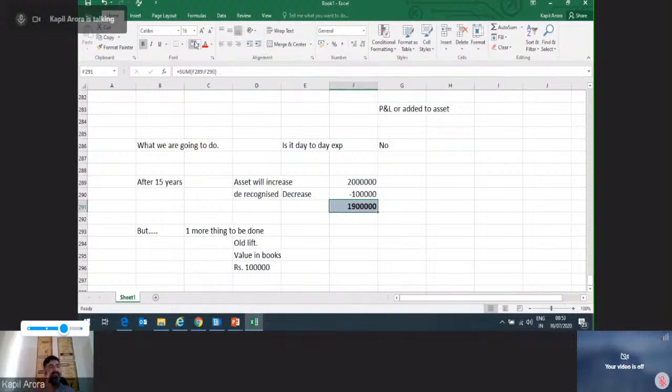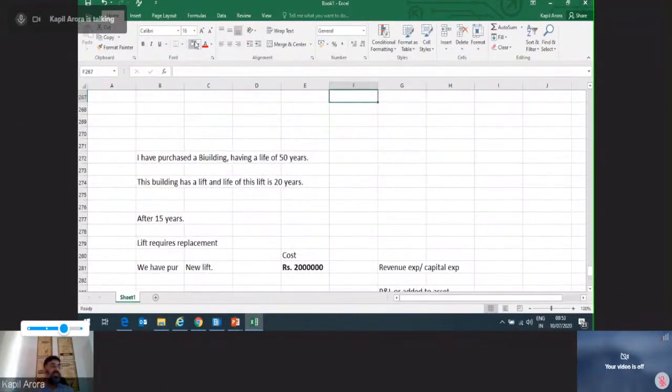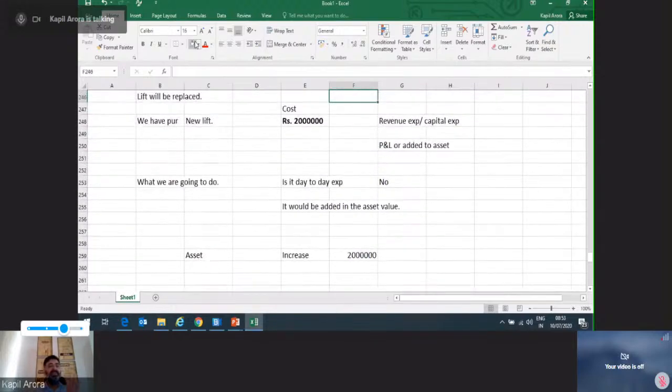So we are adding the value of new asset, but we are removing the value of the same older asset from the book. Is that okay? In the last question which we have taken here, if it was consumed for the 20 years complete, after 20 years the lift value in the books would be 0.